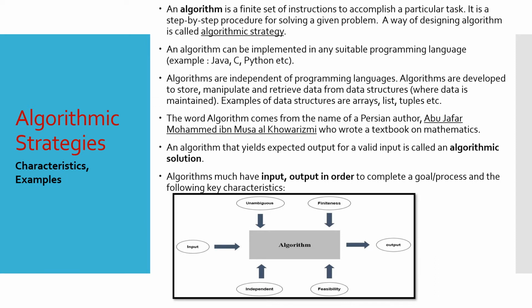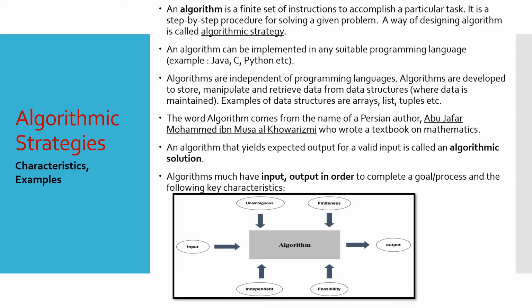In an algorithm, there are many other characteristics surrounding it. When you write a program, an independent style of writing is important, and it has to be very unambiguous, meaning it is clear for the computer to understand the logic.